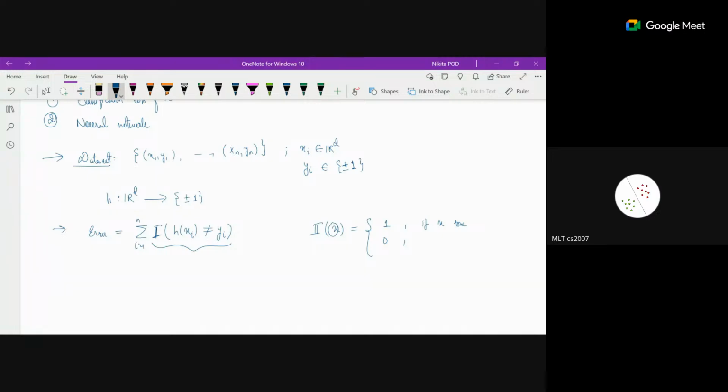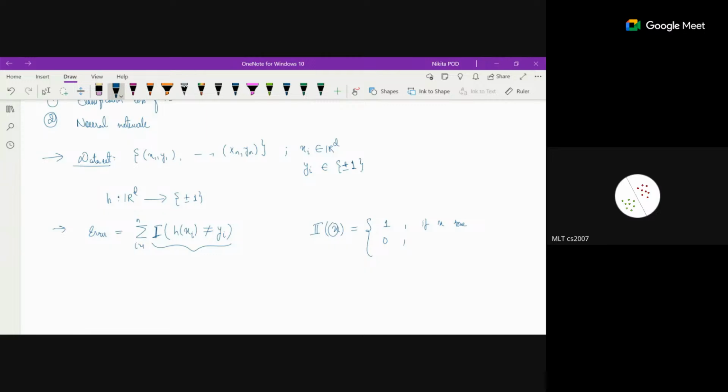But what we also said is, where are we going to look for this h? If we try to make this training error 0, then there is a high chance that we are overfitting the model. We had seen that, right?